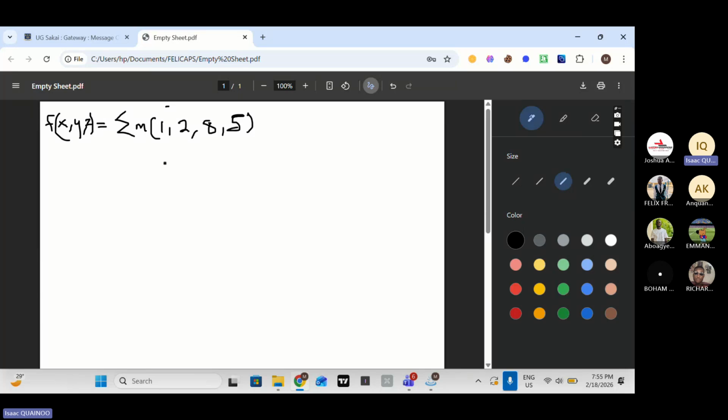So you have something like this. To determine which type of K-map you are going to use to tackle a problem like this, we first ask ourselves how many variables are contained in this particular expression.